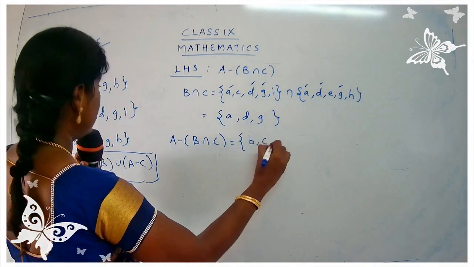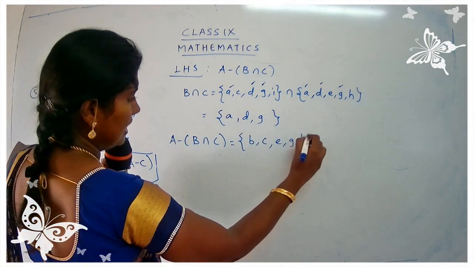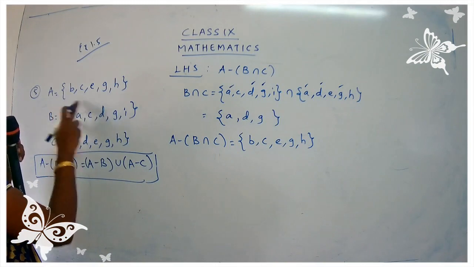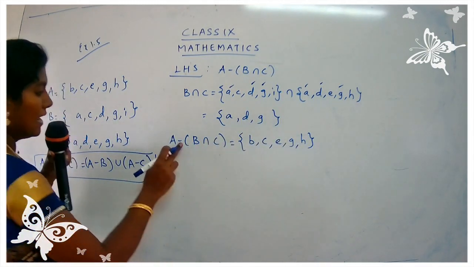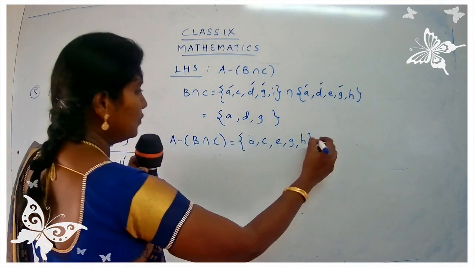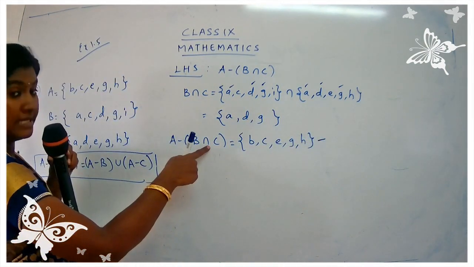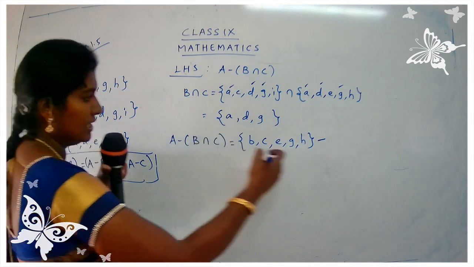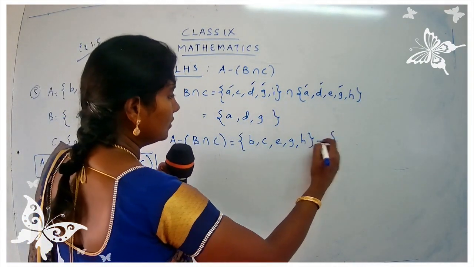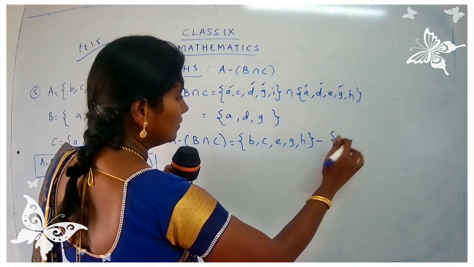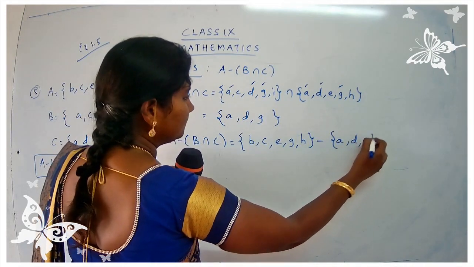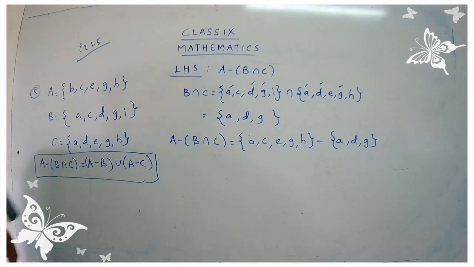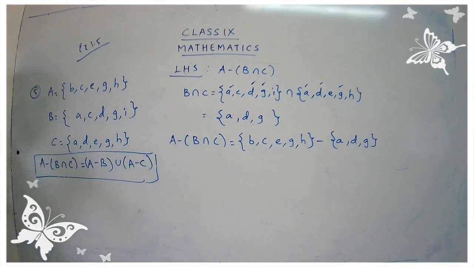B, C, E, G, H. I have taken the members of A: B, C, E, G, H. Minus, okay, put here minus, B intersection C: A, D, G. So B, C, E, G, H minus A, D, G.